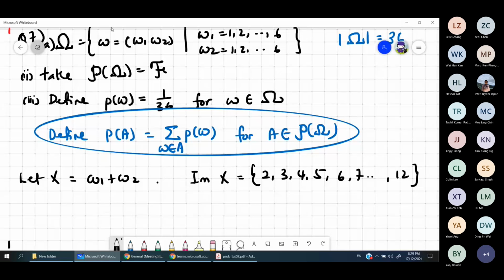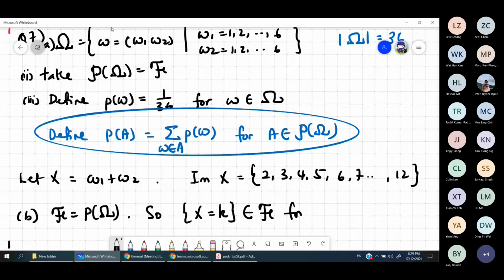So this is a power set, so it must belong to here, for any k running from 2 up to 12.